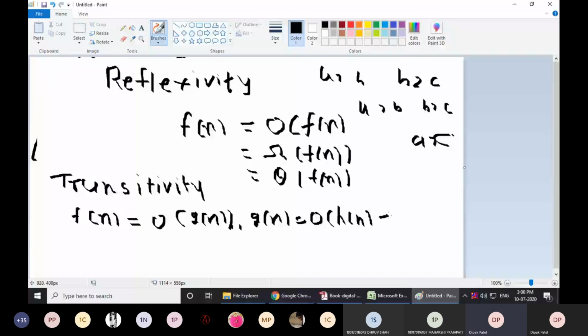Yes, sir. It is true. So that's why big O is transitive. Similarly, it is true for omega notation, and similarly for theta notation as well. Because big O notation says that Fn is less than equal to Gn and Gn is less than equal to Hn, then we can say that Fn is less than equal to Hn. So it's true. Same thing is for omega notation and theta notation. So big O, omega, and theta notation are transitive.